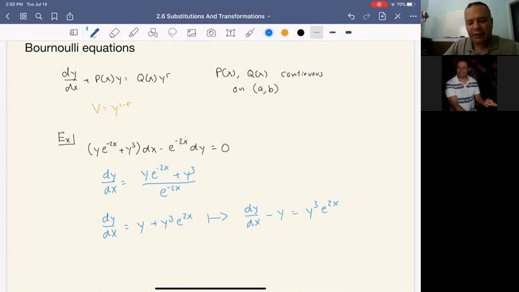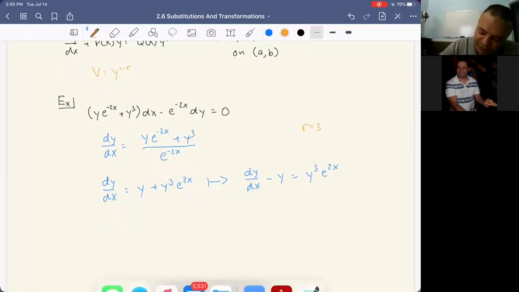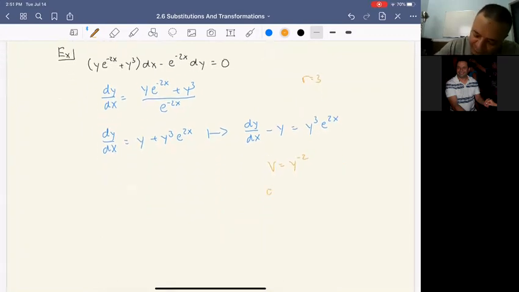Our r here is 3, so we're going to make the substitution v equals y to the negative 2. dv/dx is then negative 2 y to the negative 3 dy/dx.